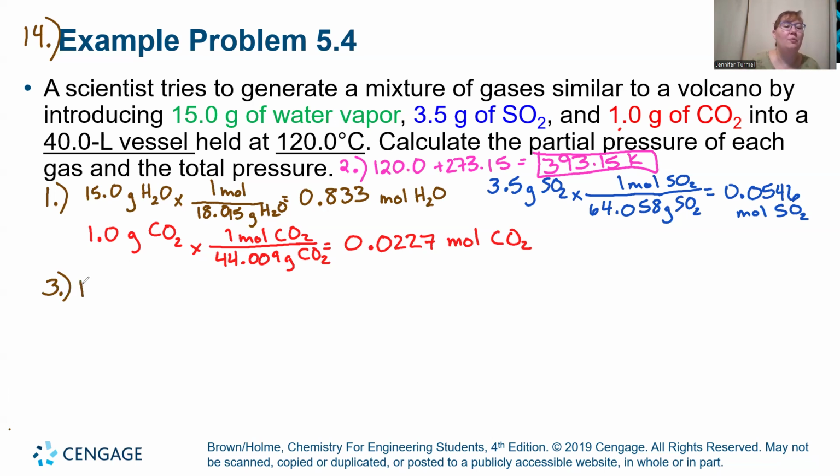If PV equals nRT, then pressure is equal to nRT over volume.